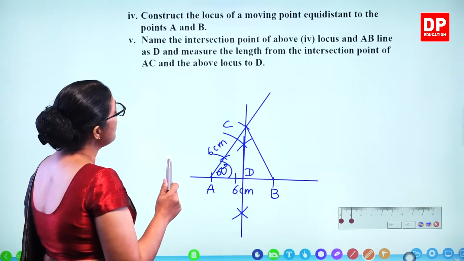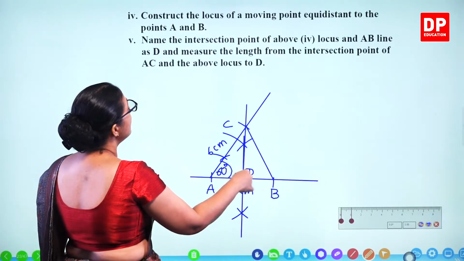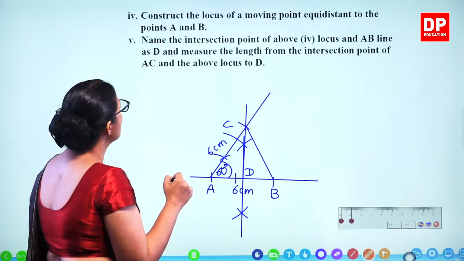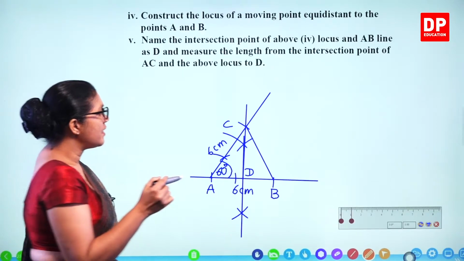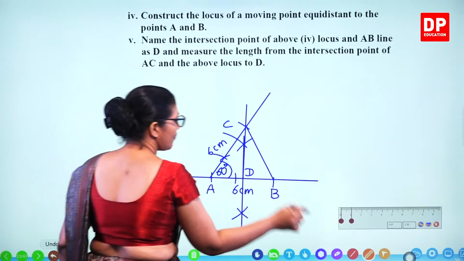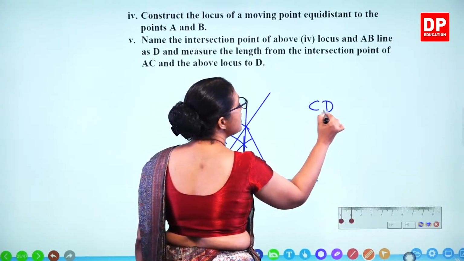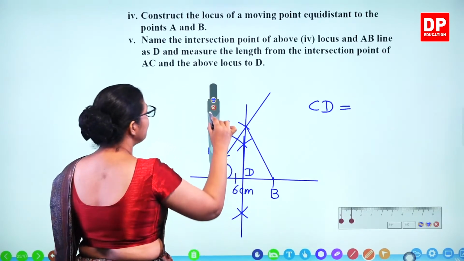Name the intersection point of the above locus and the AB line as D, and measure the length from the intersection point of AC and the above locus to D. So measuring CD length. We'll take the compass and measure.